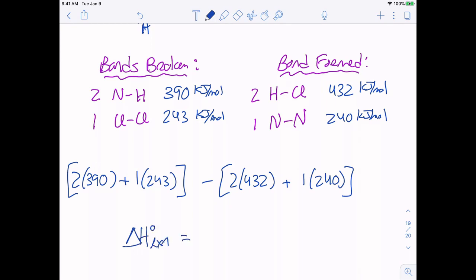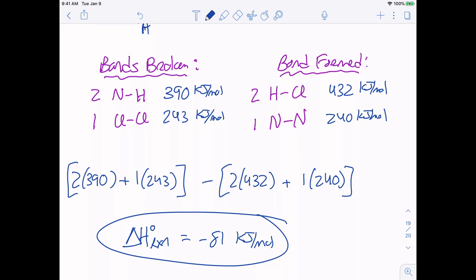So my overall enthalpy change, I'm going to grab my calculator here. And I ended up with a negative 81 kilojoules per mole.